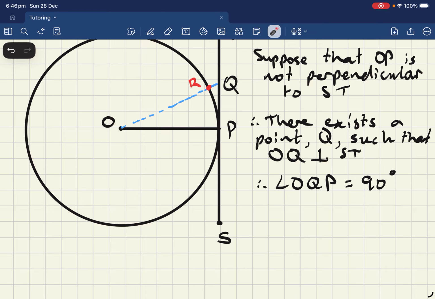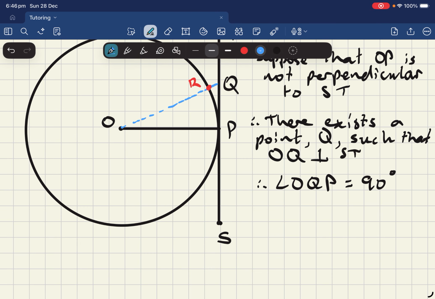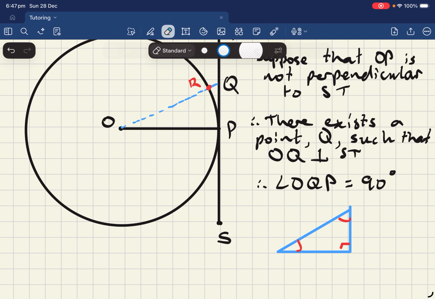In a right angle triangle, if you remember, let me just draw one up. The biggest angle in your right angle triangle is 90 degrees. Because the angle sum of a triangle is 180, each of the other two angles must be less than 90 degrees. The right angle is the biggest angle in a right angle triangle.